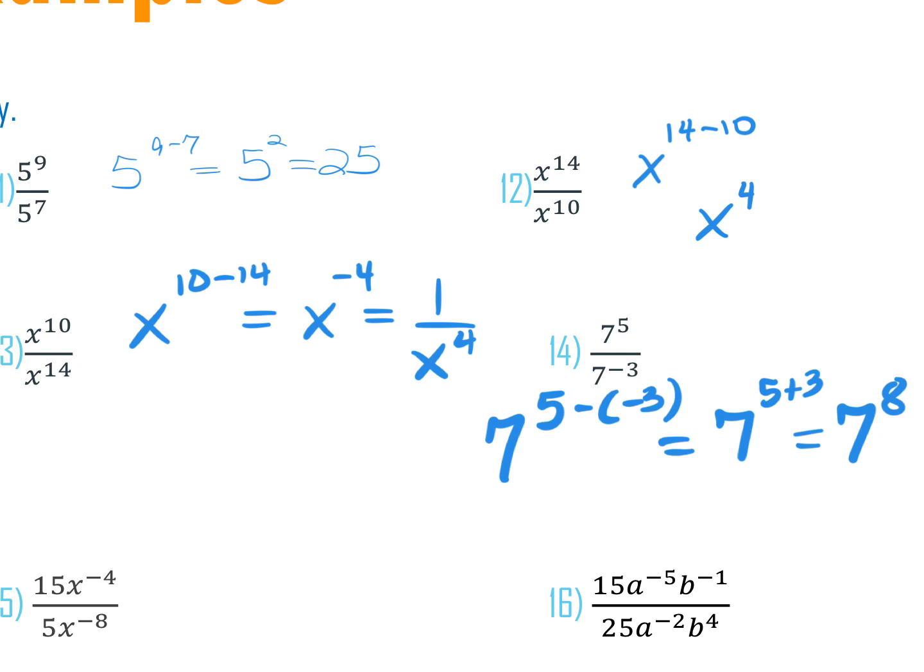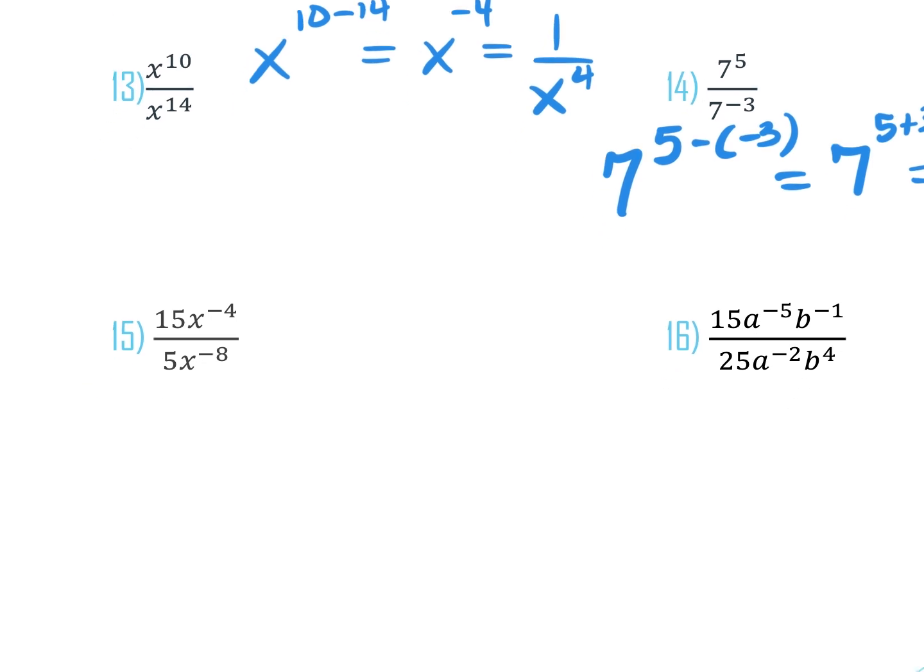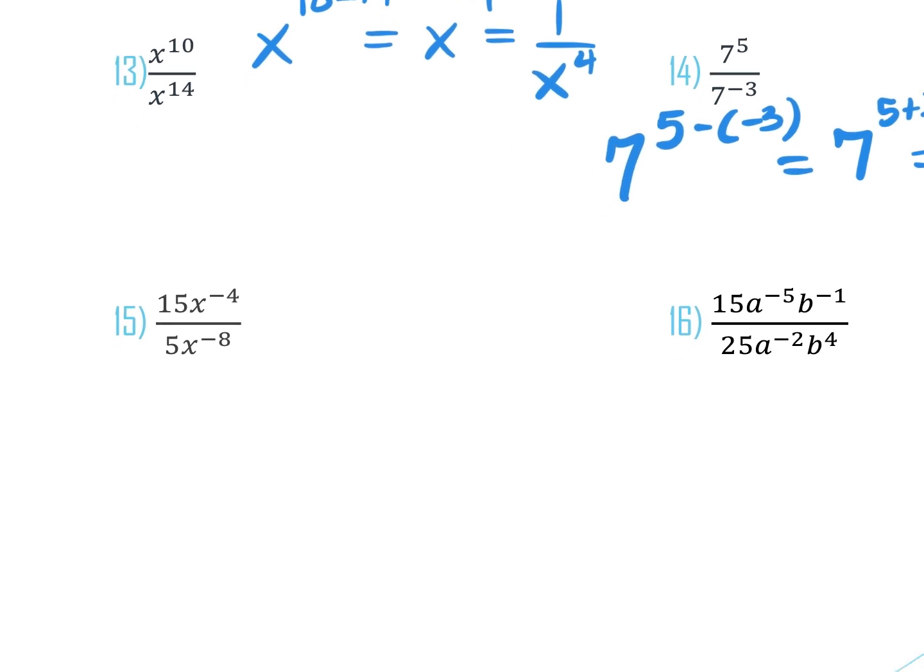All right, then the next one. Same thing. Now, I could either choose to simplify the coefficients first, and then you could choose to move the negatives to the opposite spot, but you're still going to have to go back and subtract them. So I could simplify the 15 over 5, and it'll simplify to 3.